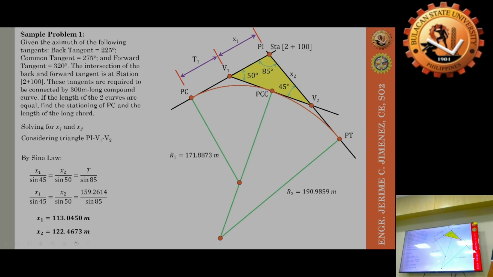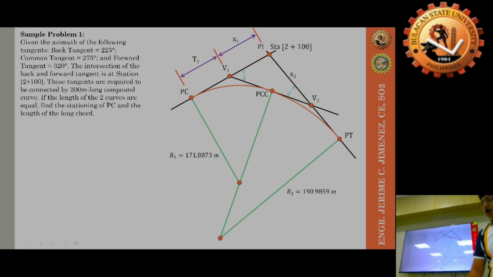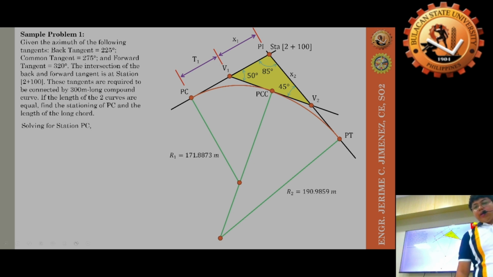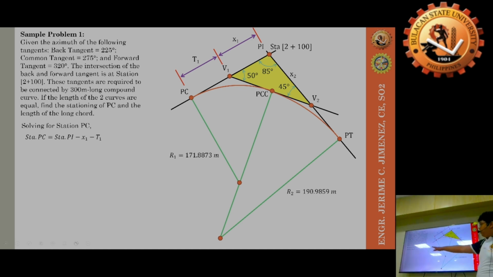Okay? Proceed na tayo, na? So, na-compute natin si t sub 1 tsaka si x sub 1. So, we can now solve for the station of PC. Okay? So, we can solve for the station of PC by using this formula, no? Yung principle niya, sabi ko kanina, parang yung trend.